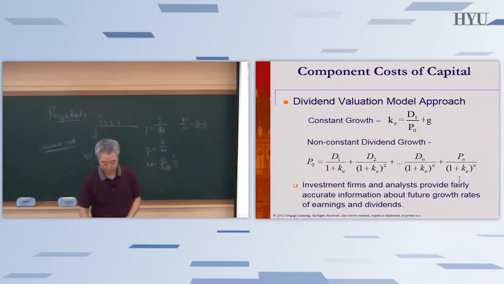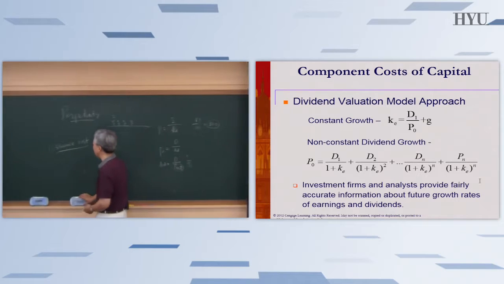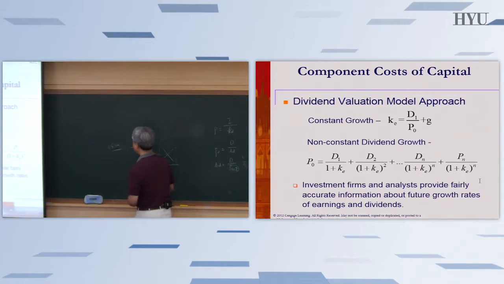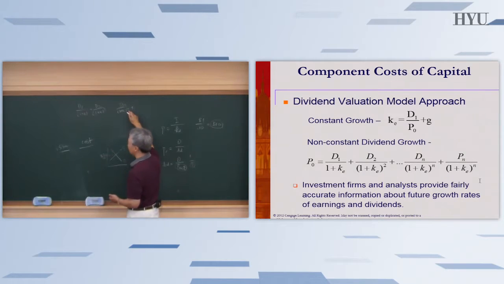So if you go back to my notes from chapter 7, this Pn is nothing but Dn+1 plus Dn+2 up to infinity. So D1 divided by 1 plus k, plus D2 divided by (1 plus k) squared, up to Dn divided by (1 plus k) to the n, and finally at the nth year you expect to sell.